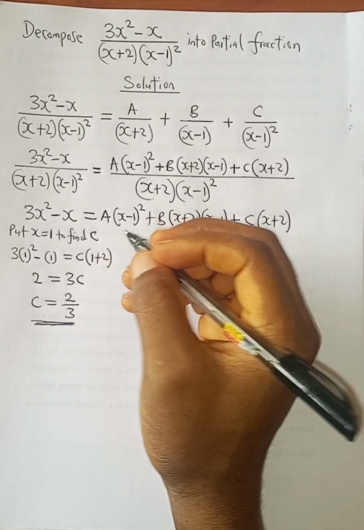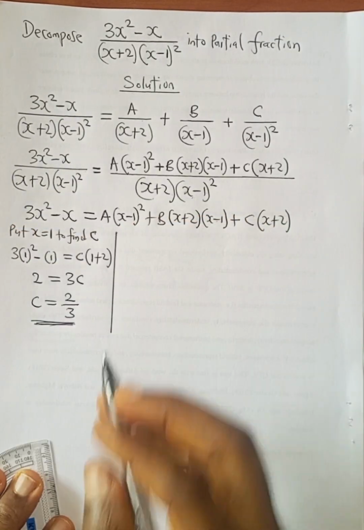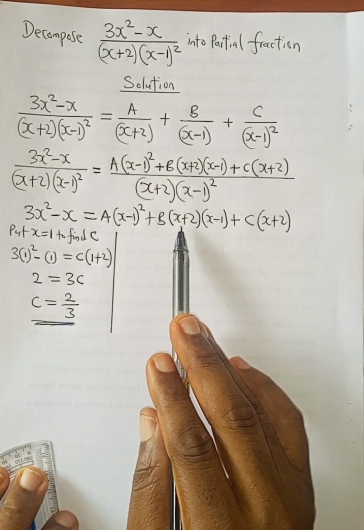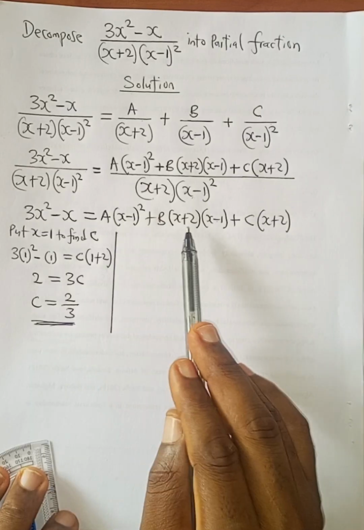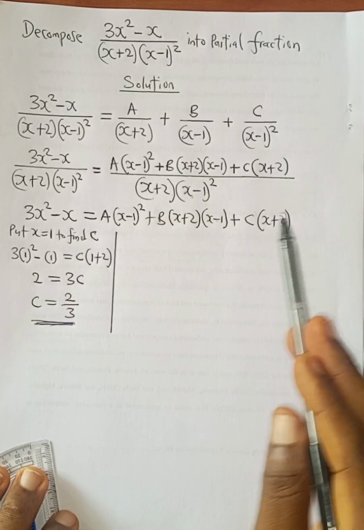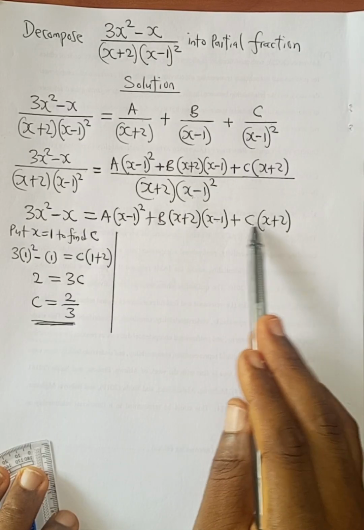Now that we know the value of C, let's go for the other one. We can use the same method to cover up, to eliminate B and C to find A. If s is 2, this bracket will be 0, so B will be 0. If minus 2 rather. And if s is minus 2, here will be 0, so C will be 0.